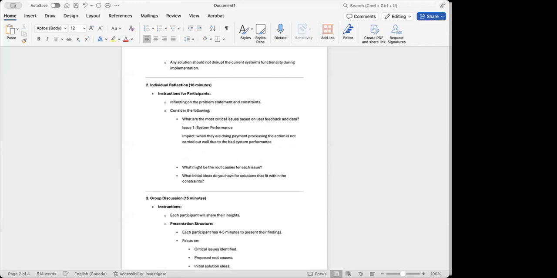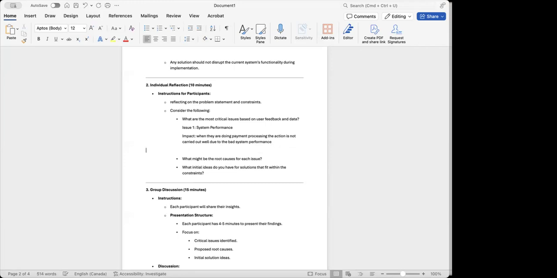Yeah, I think some of the critical issues might be the payment gateway, whatever API that the system is using to take payments onto their system.